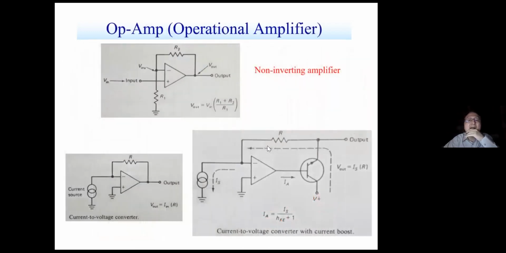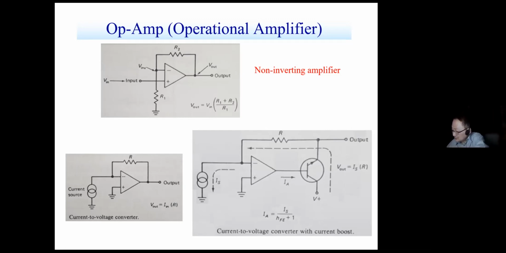Okay, and this one is the non-inverting amplifier. So in the non-inverting amplifier, I want to draw this one, something like this. This one is plus, so this one is VI, while the output is something like this one. The output is connected to this one, and that one is connected.